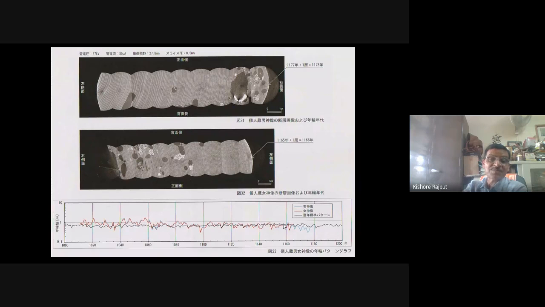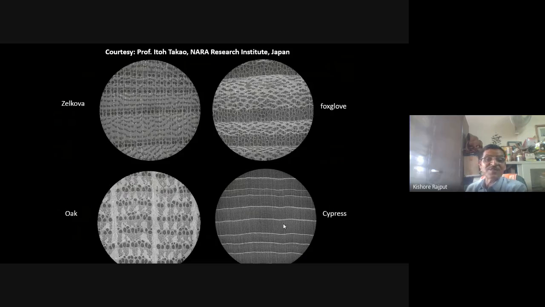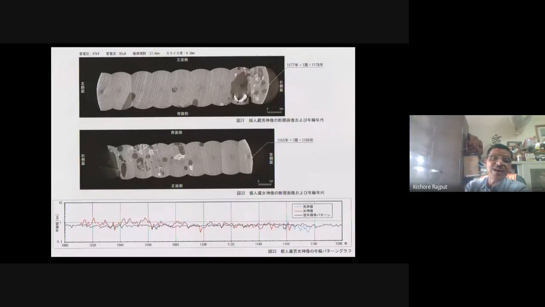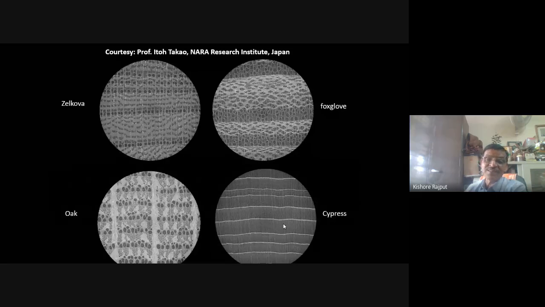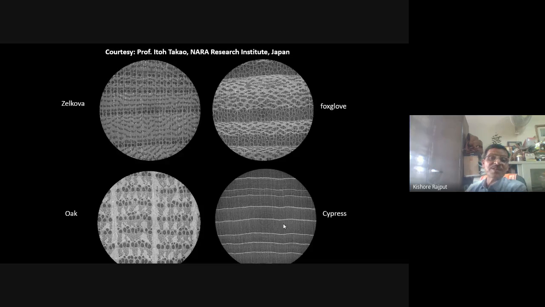If you observe this under the microscope, if you enlarge one of the circles, the half circle I'm showing here, a beaded nature is seen. The individual image looks like this under high magnification. These are the techniques by which we identify the wood. For example, here you can see ring porous wood, that is Zelkova. On the right side you can see diffuse porous wood.